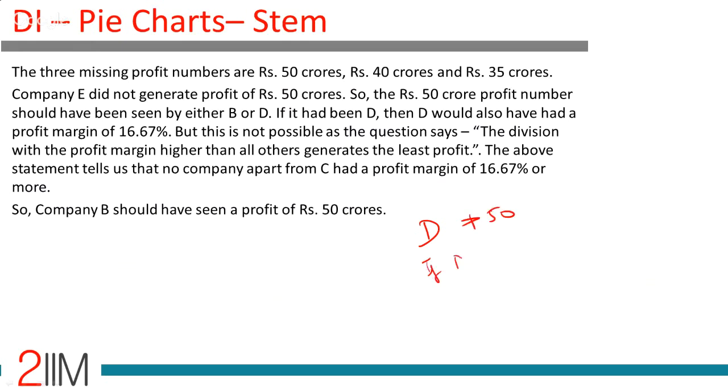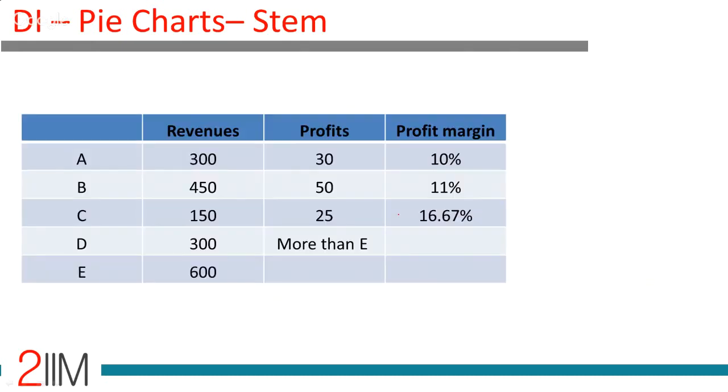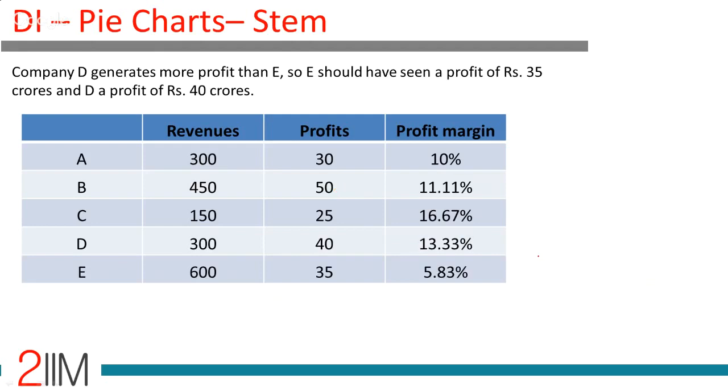Because if D were 50, then D's margin would be 16.67%, and that does not work for us because the margin of 16.67% that C sees must be higher than everything else out there. Therefore, B is 50, this is 40, this is 35.